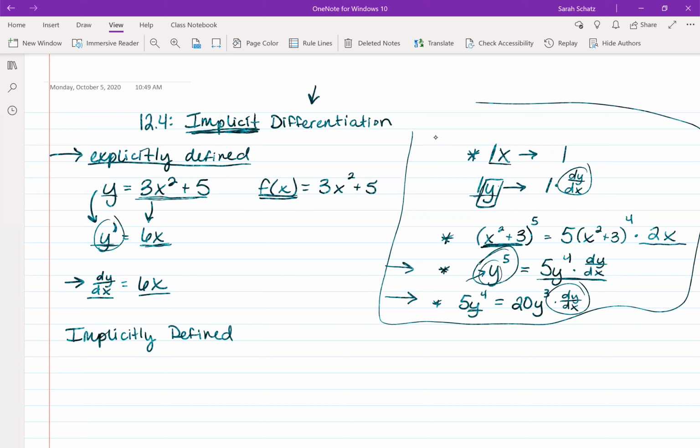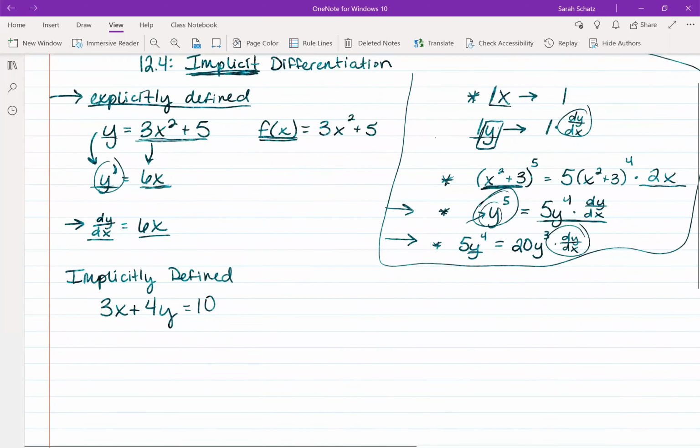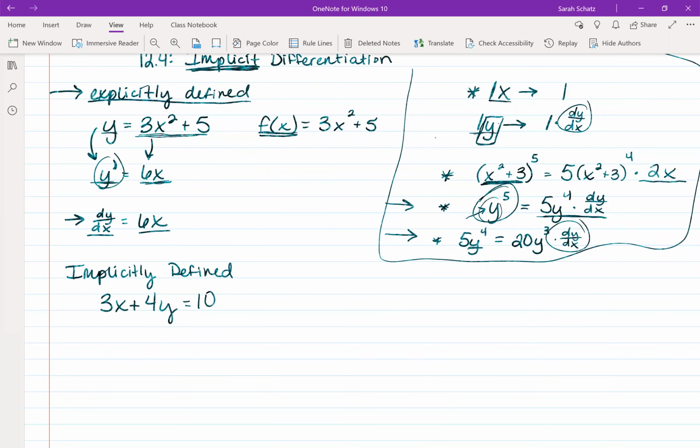For example, let's look at a line equation. You know how sometimes a line equation is written in what we call standard form, where you have the x and y on the same side? I know this is a function because I know it's a line, right? If I were to graph this relationship between x and y, it would be a function.